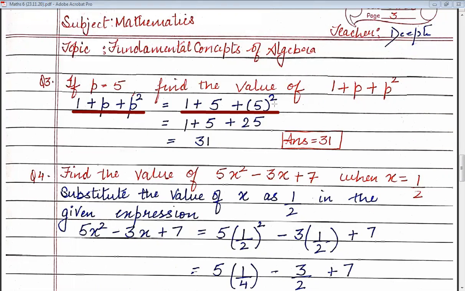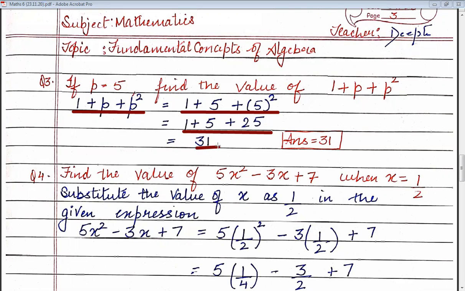Instead of 5 square, you can write 5 into 5 also. It's one and the same thing. Now next step, 1 plus 5 plus 5 square means 25. 5 into 5, 25.